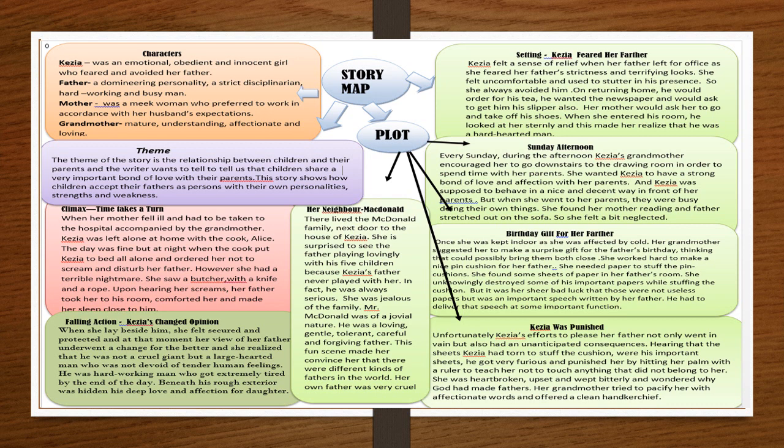and their parents, and the writer Katherine Mansfield wants to tell us that children share a very important bond of love with their parents. Although when children are small, when they are young, they do not feel that their parents love them because their parents are strict and many actions of the parents seem unjustified to children.